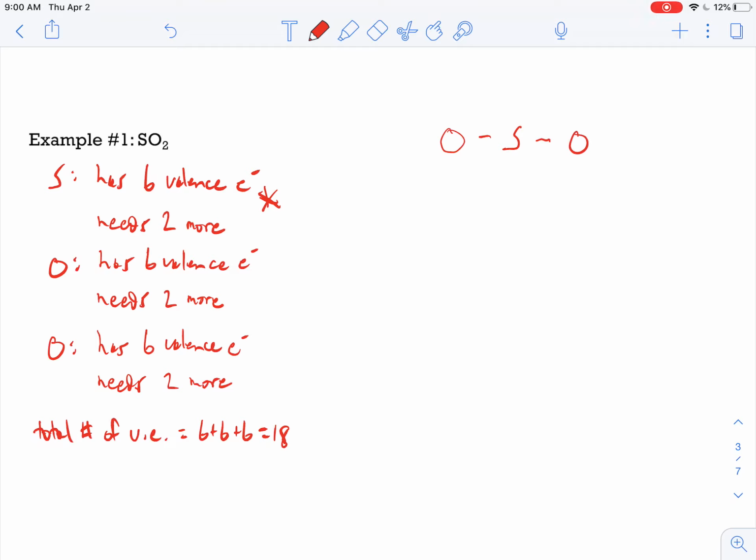We're taking care of 4. We now added 5, 6, 7, 8, 9, 10. Sulfur already has 4 electrons, so it only needs 4 more. So you have 11, 12, 13, 14. Go over to the last oxygen, we have 15, 16, 17, and 18.